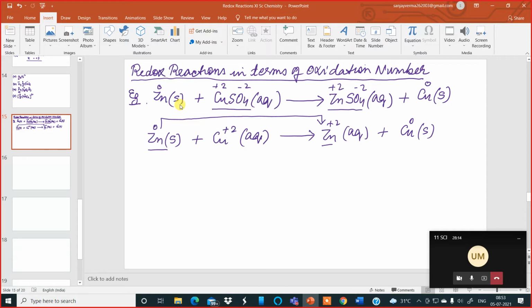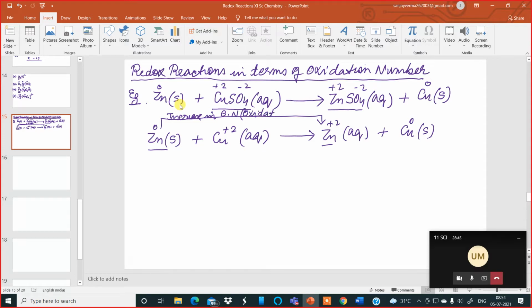Is the oxidation number increasing? Boys, tell me. Yes, the oxidation number 0 is becoming +2, which means it is increasing. So above this arrow, I'll write increase in oxidation number.